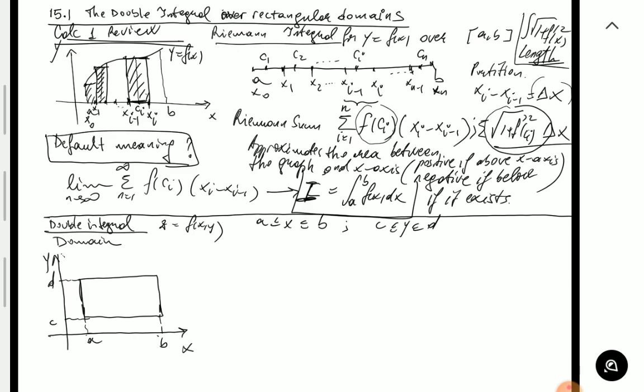So you're going to have a partition starting from x naught to xn, and somewhere in the middle you're going to have xi minus 1, xi, just like in calculus 1. And the same thing over the y-axis.